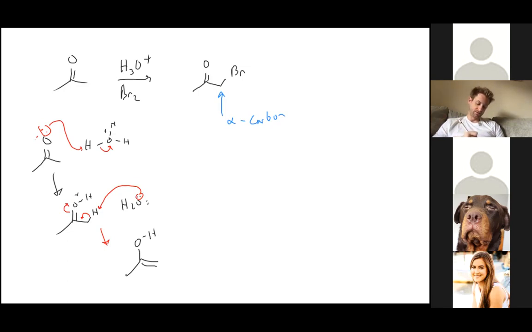From this point, if we throw in Br2, we will do an attack on this bromine to brominate our alpha position.